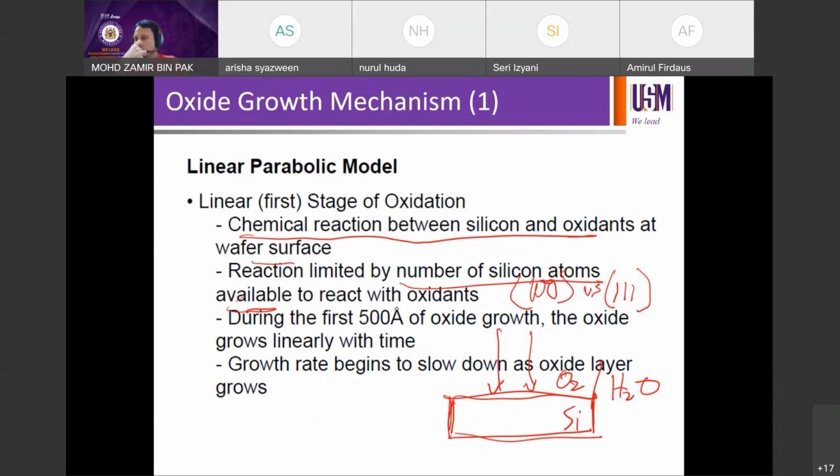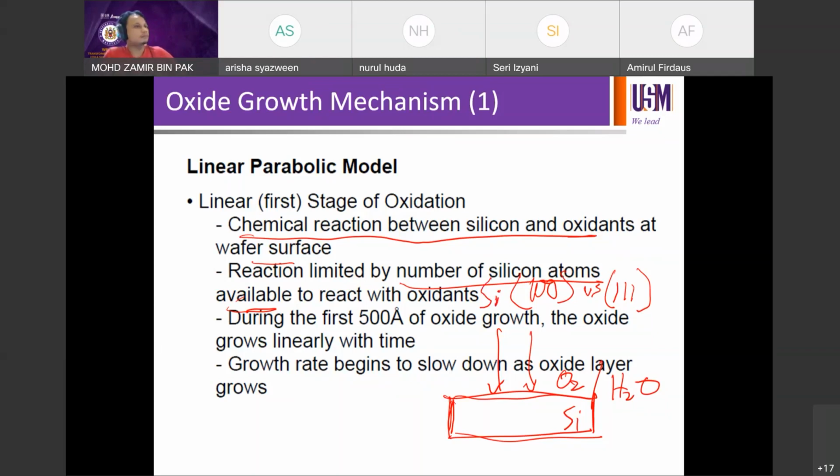If you're about to grow an oxide layer on silicon 100 versus silicon 111 at the same temperature for the same time, which wafer is going to give you higher oxide thickness? Is it 100 or 111? Relating to this point, are you going to get thicker silicon dioxide on silicon 100 or 111?